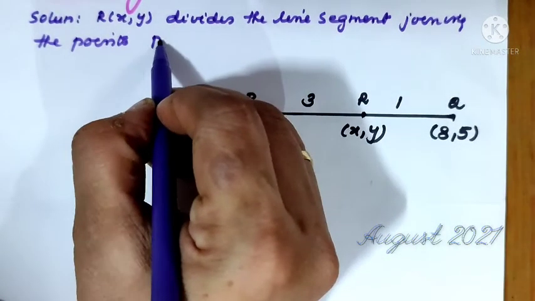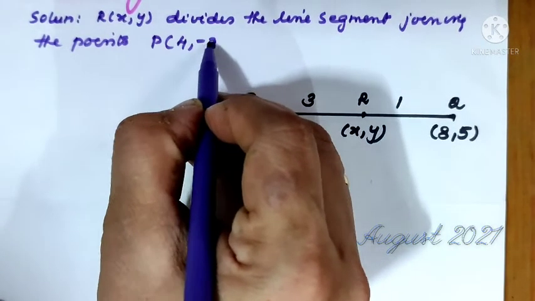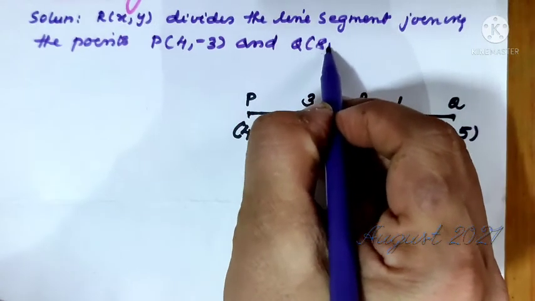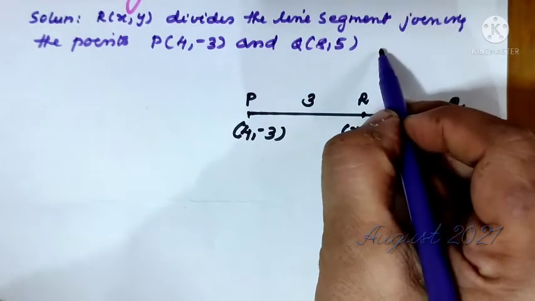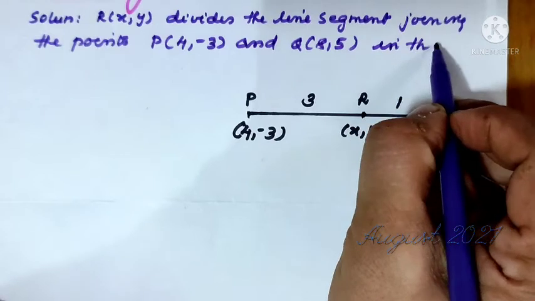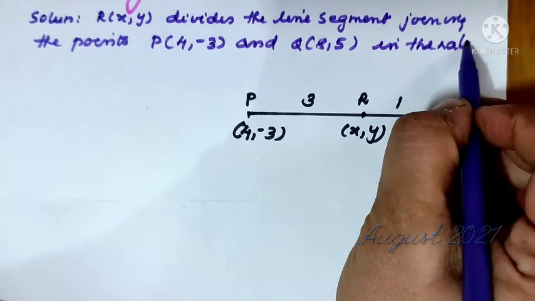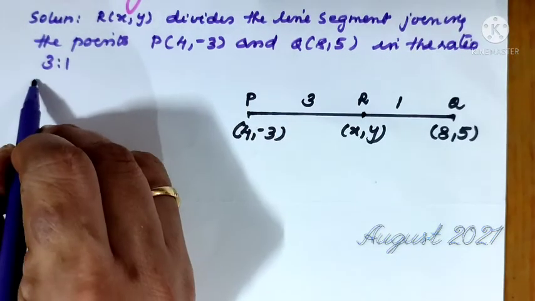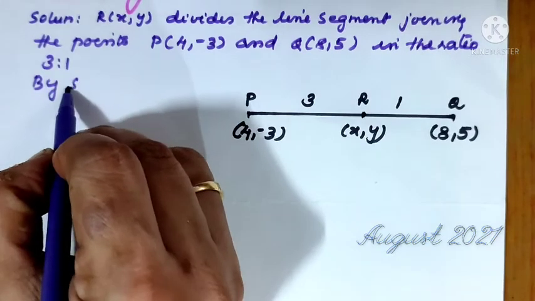P (4, -3) and Q (8, 5) in the ratio 3:1.